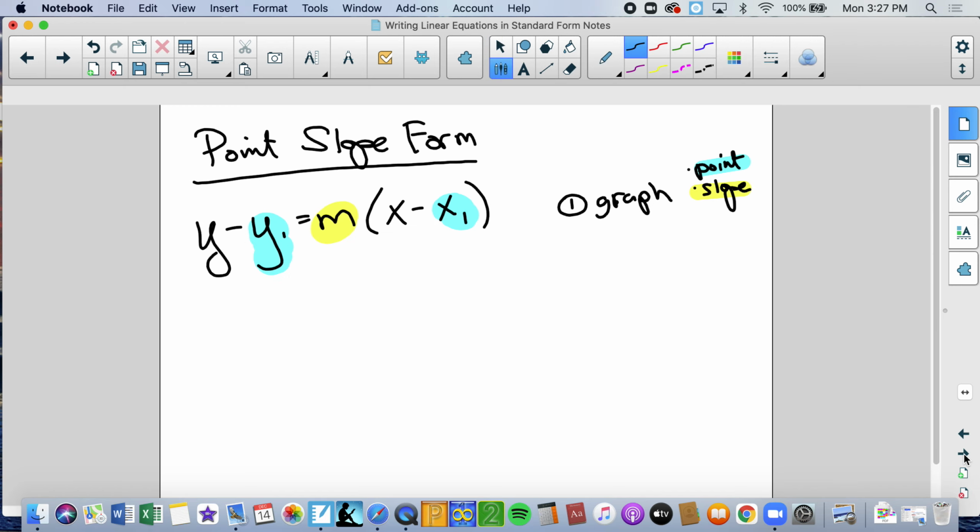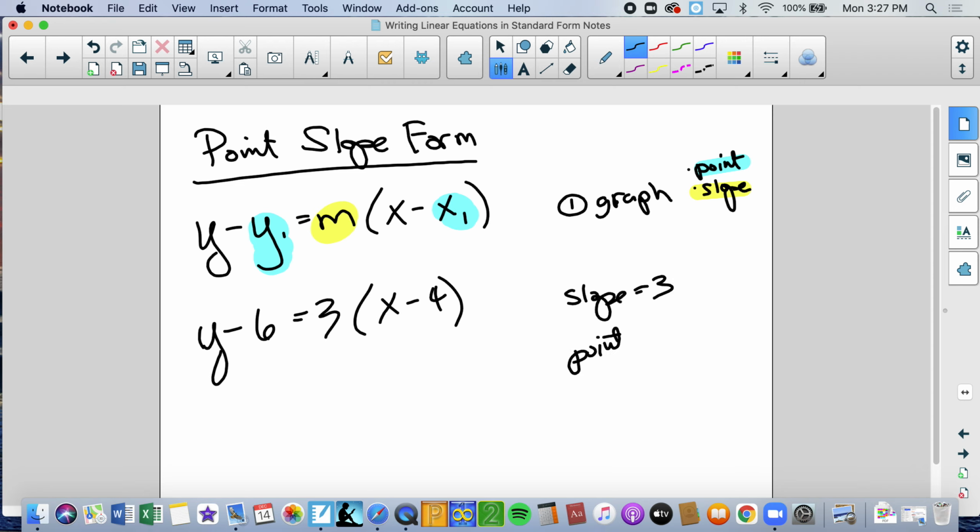In the example that we typically see for point-slope, we see y minus 6 equals 3 times the quantity x minus 4. So we know that the slope equals 3 and the point equals (4, 6). Notice that those values represent something.